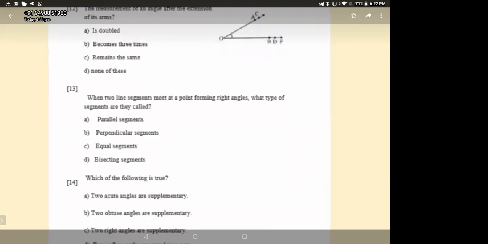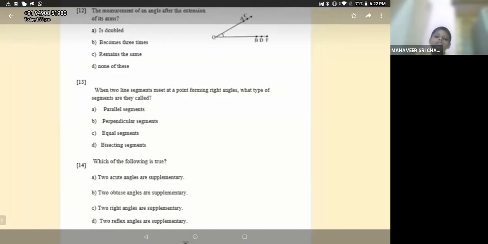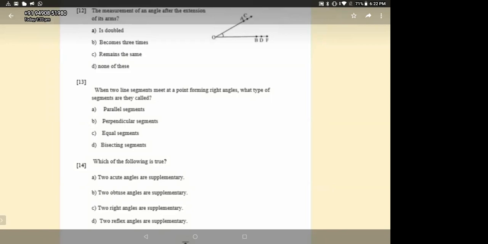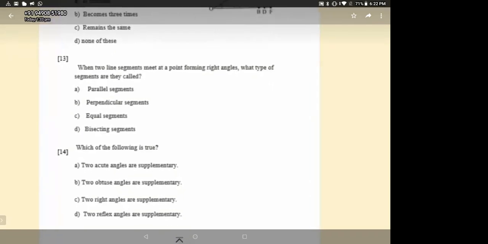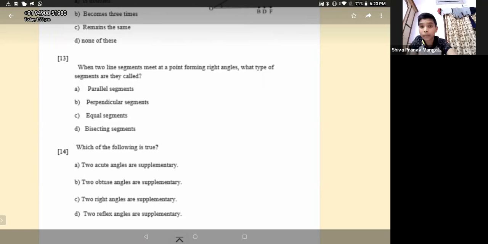If we change the angle of the line, it changes. Yes, exactly. Next, Nana: when two line segments meet at a point forming a right angle, what type of segments are they called? Ma'am, perpendicular segments. Yes, ma'am.